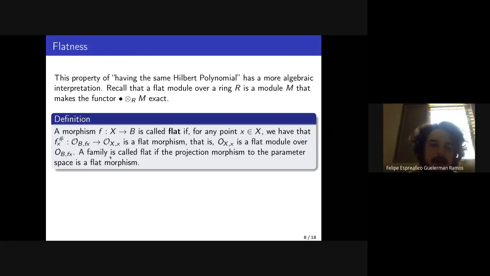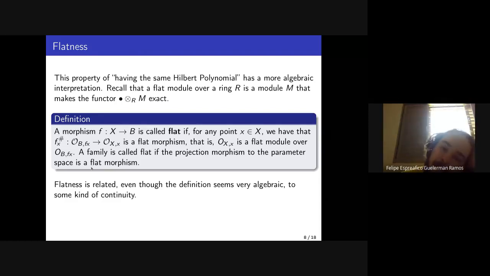And a family of schemes is called flat if the projection morphism, of course, if we have a family, we can consider the parameter space, and then we can have the projection from the family to the parameter space. And this family is flat if the morphism to the parameter space is a flat morphism.